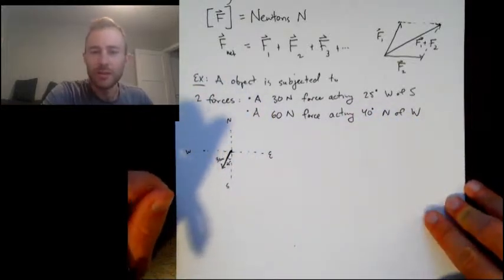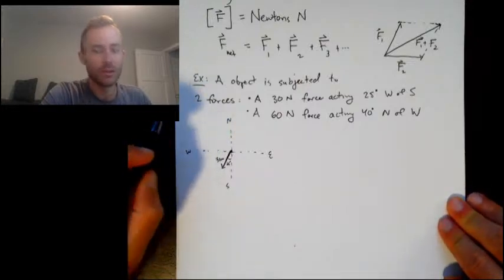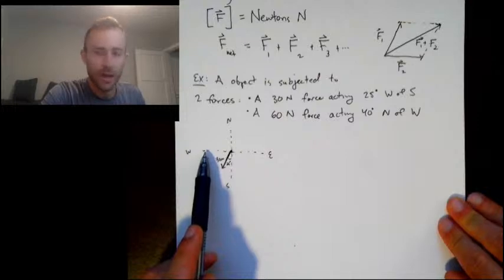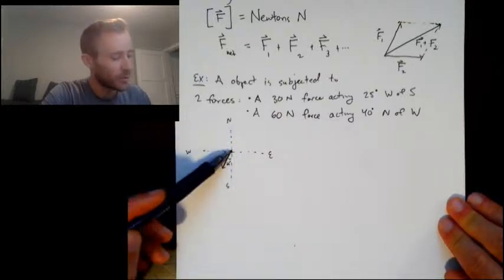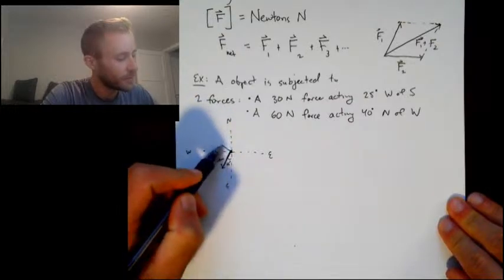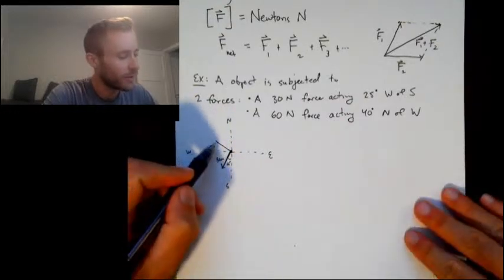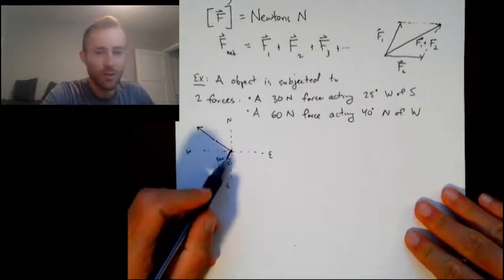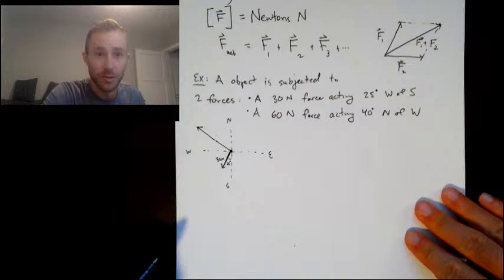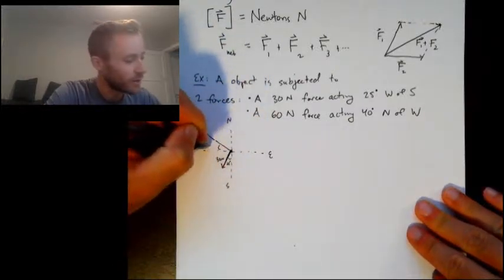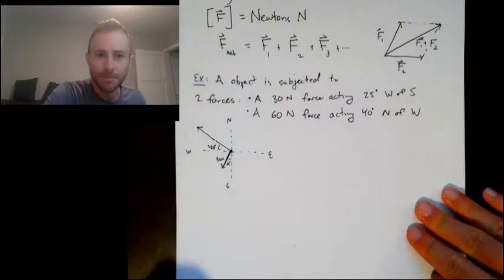Then there is a 60 Newton force acting 40 degrees north of west. So we start with the westward direction, and we go 40 degrees north of it. Maybe 45 degrees is here, so we go a little bit less than that, something like this. I'm going to draw this as twice as long as the other vector because its magnitude is twice as great. This angle right here is 40 degrees north of west.